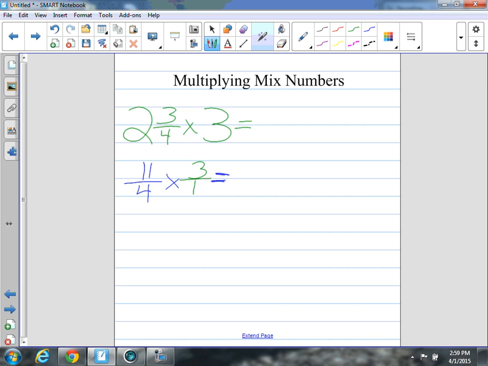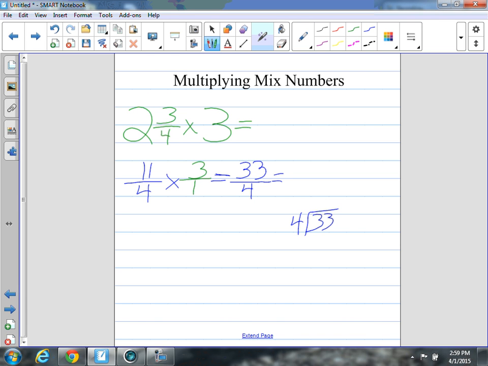Equals 11 times 3 is 33. 4 times 1 is 4. And I have to simplify again. 33 divided by 4.